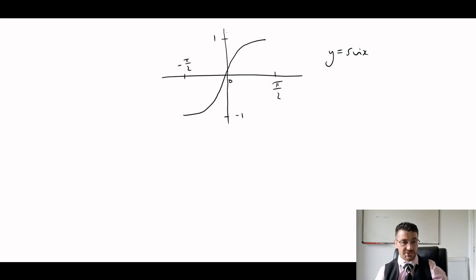Okay? So if I reflect this in the line y equals x, what will it look like? So you've got to use your imagination a little bit here. Visualize it in your mind.